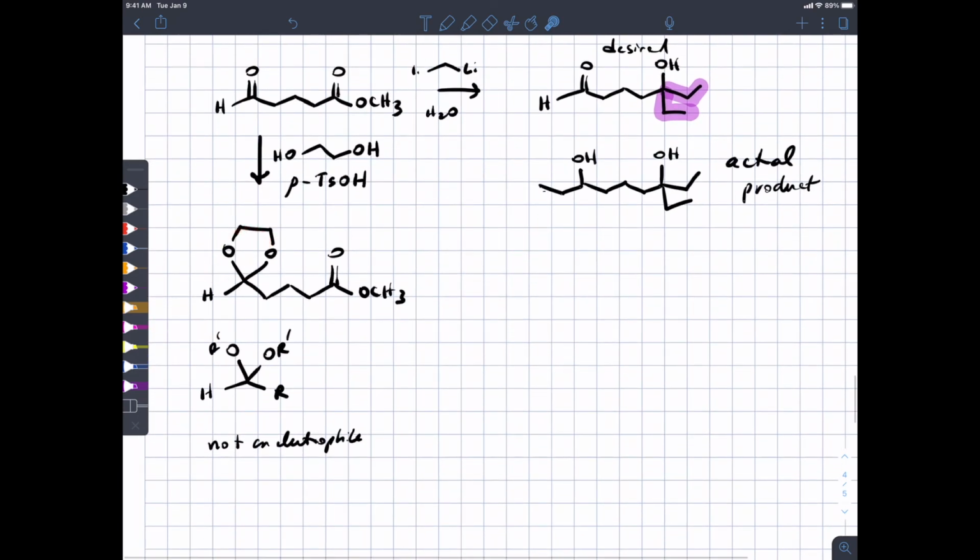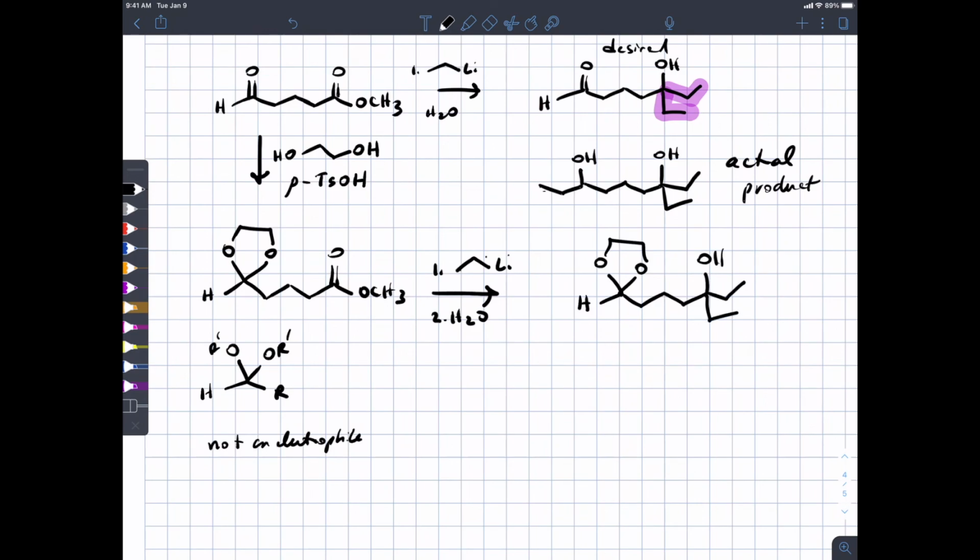There's no acidic protons there, so now you can do your organolithium reagent to bring in that carbon group. Your ester survives unscathed, but you've made, your aldehyde, your acetal survives unscathed.